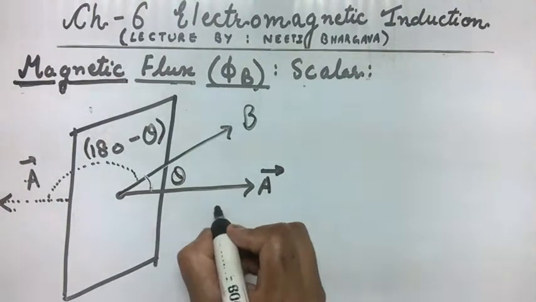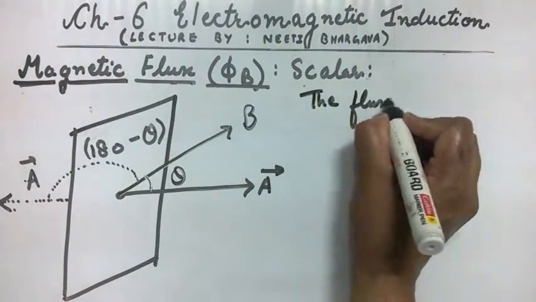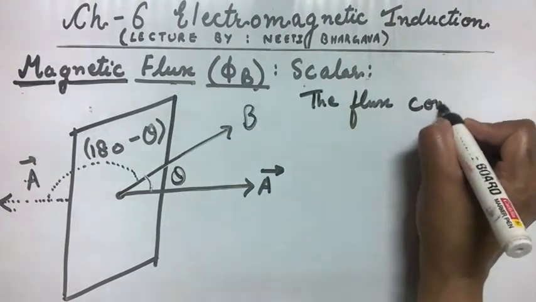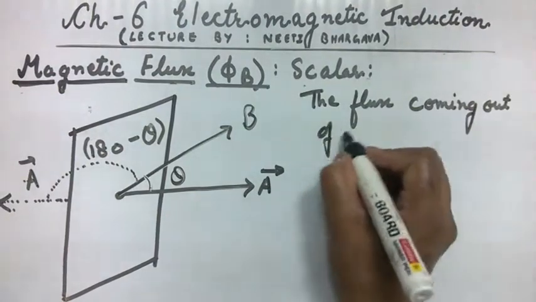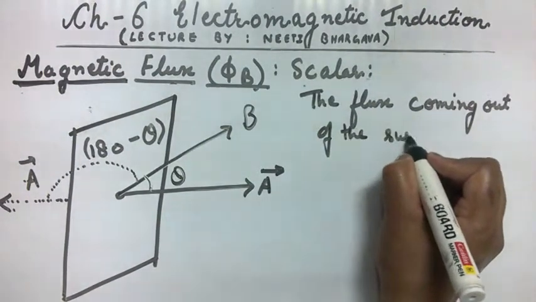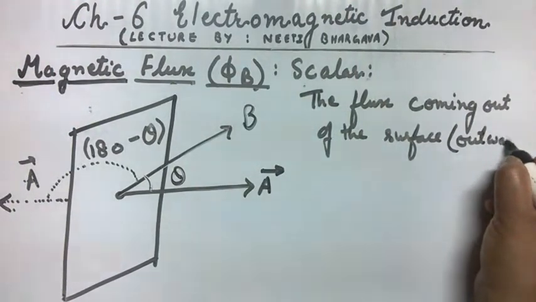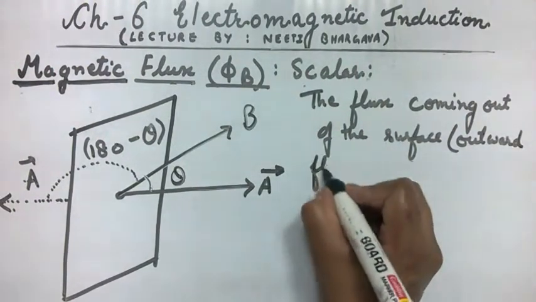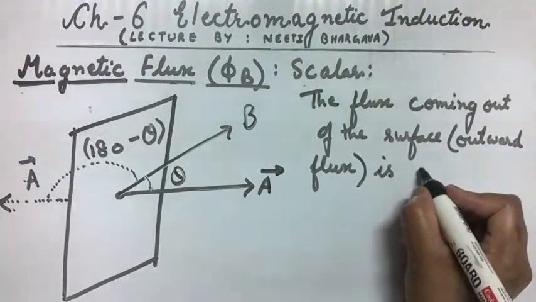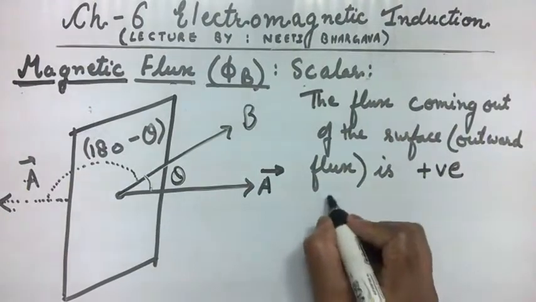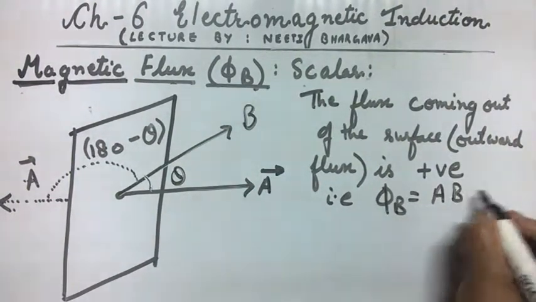Thus we can say that the flux coming out of the surface, that is outward flux, is considered as positive. That is, it is equal to AB cos theta.